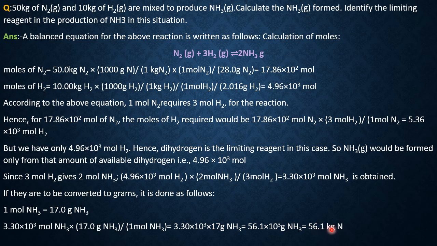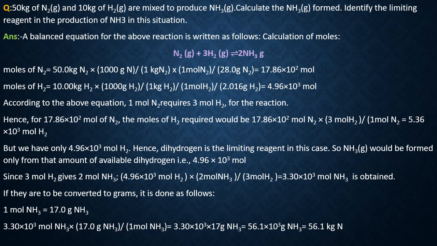This is ammonia only, I should have written NH3 here. So 56.1 into 10 to the power of 3 gram of ammonia, or in terms of kilogram, 56.1 kilogram of ammonia forms, depending upon the available amount of hydrogen 4.96, which is the limiting reagent.